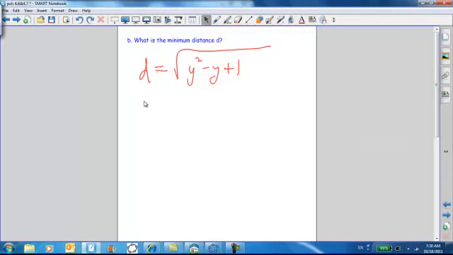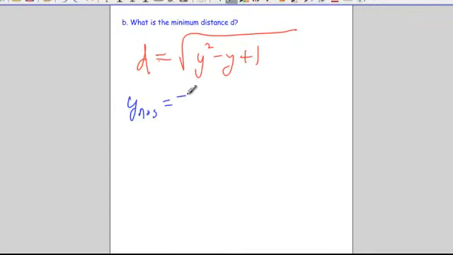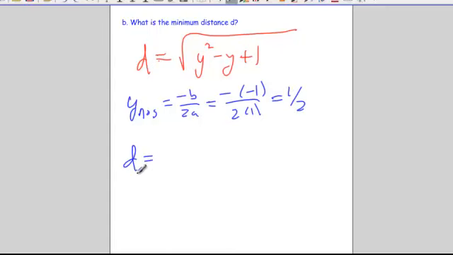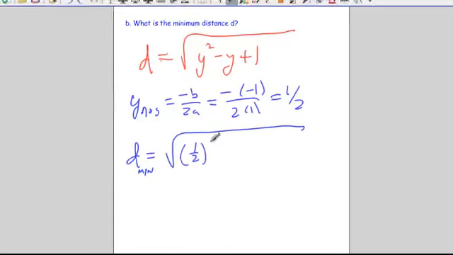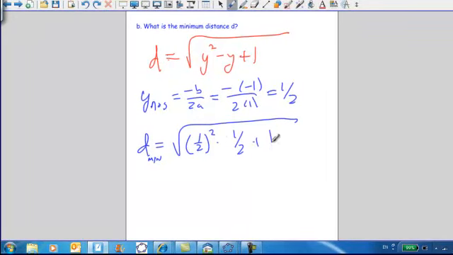So the y coordinate of the axis of symmetry will be at negative b over 2a of this inner function. So that's negative 1 over twice 1, or half. So now we can put in a half for y. So the distance that will be at its minimum there will be the square root of a half squared minus a half plus 1.